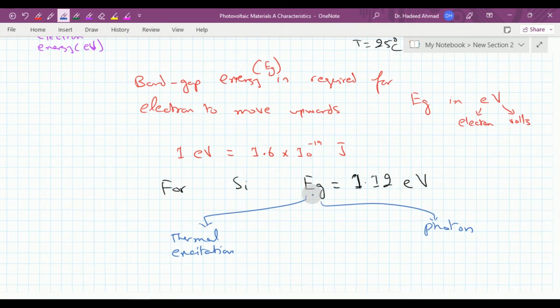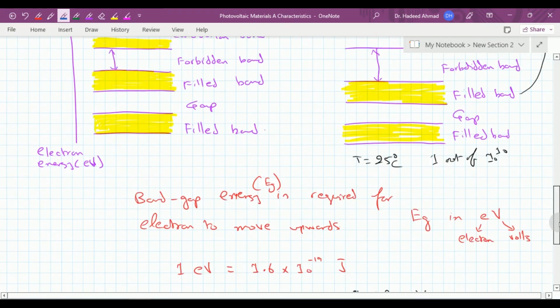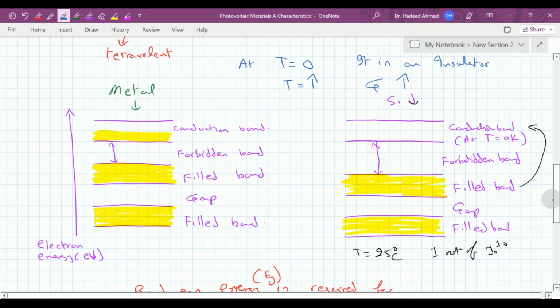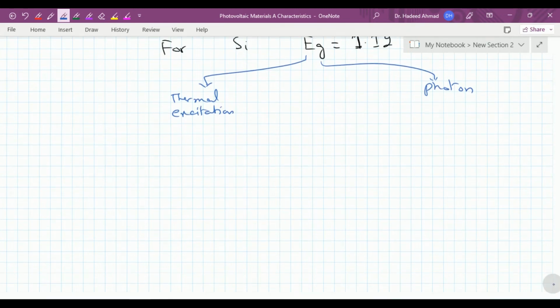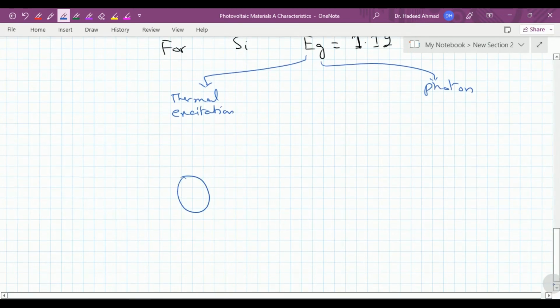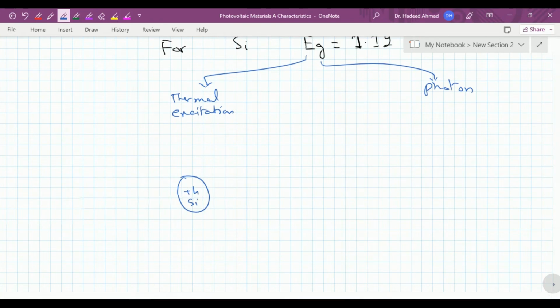So whenever a photon with more than 1.12 electron volt of energy is absorbed by a solar cell, it actually knocks out a single electron from this filled band into the conduction band, consequently making an atom become positively charged, just like this one. So for example, we have this +4, this is the atomic weight of the silicon.